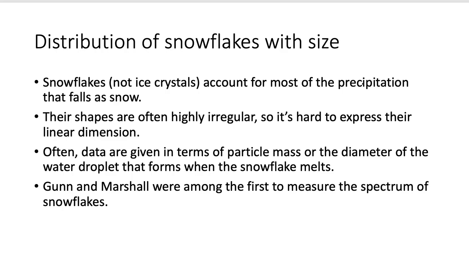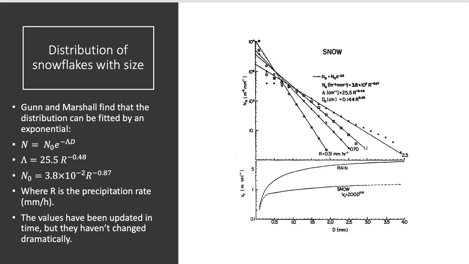Now, one of the first studies in this respect was from Gunn and Marshall, and they estimated that the spectrum of snowflakes is not too different from the Marshall-Palmer distribution.